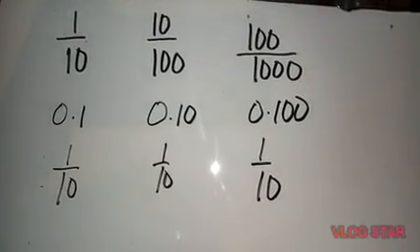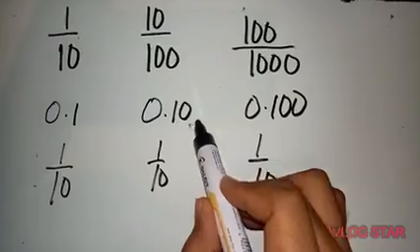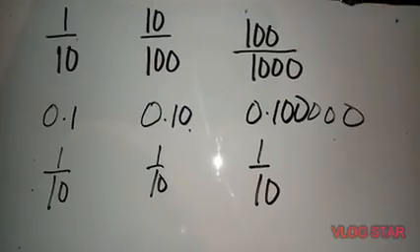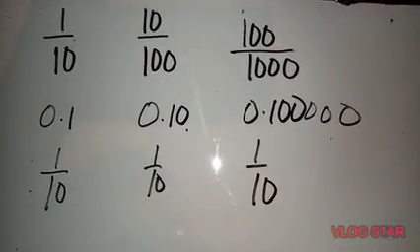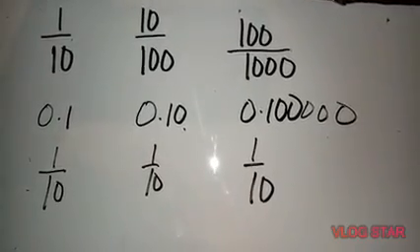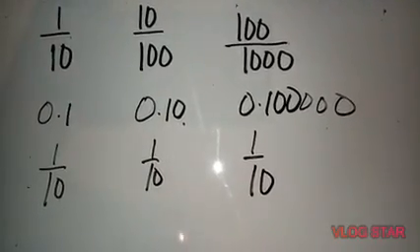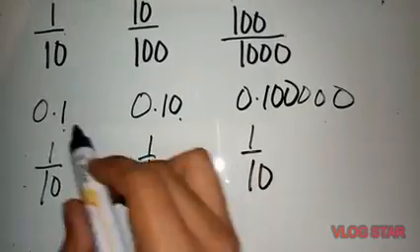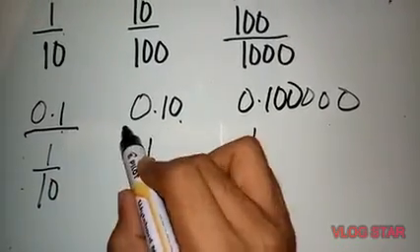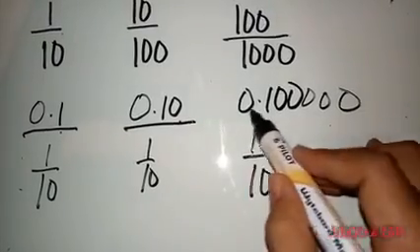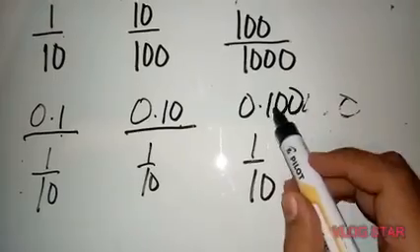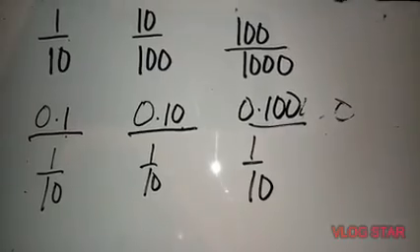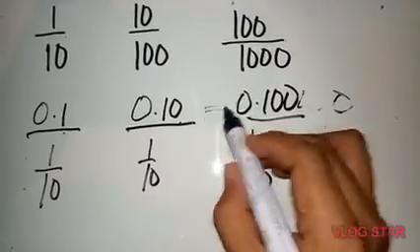So no matter how many zeros you annex to the right of 1, the value of 0.1 will remain the same. Therefore, 0.1, 0.10, 0.100 are equivalent, or they are just equal.